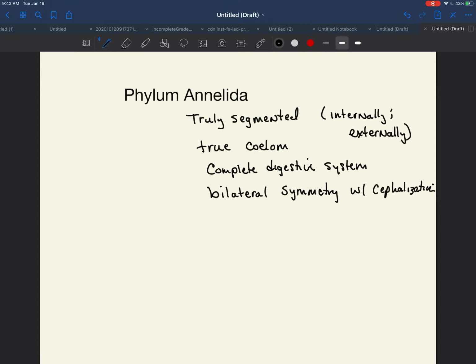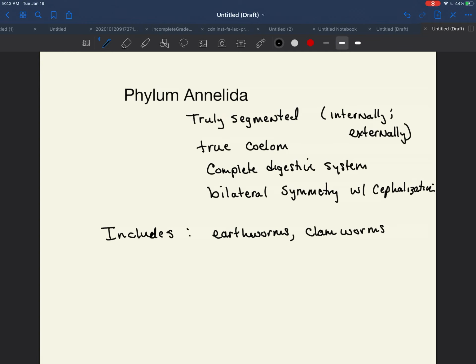Okay. So if we look at some examples of the annelids, this would include earthworms. It includes things like clamworms, which are marine.